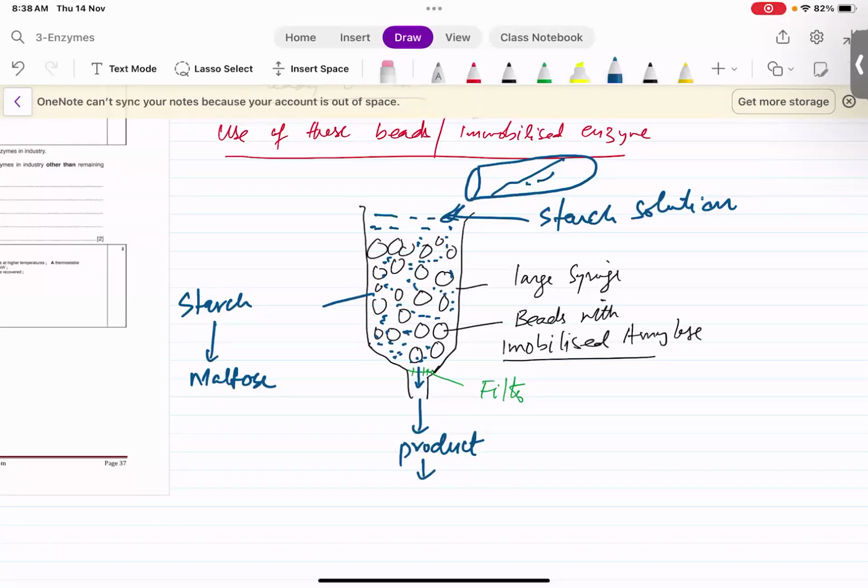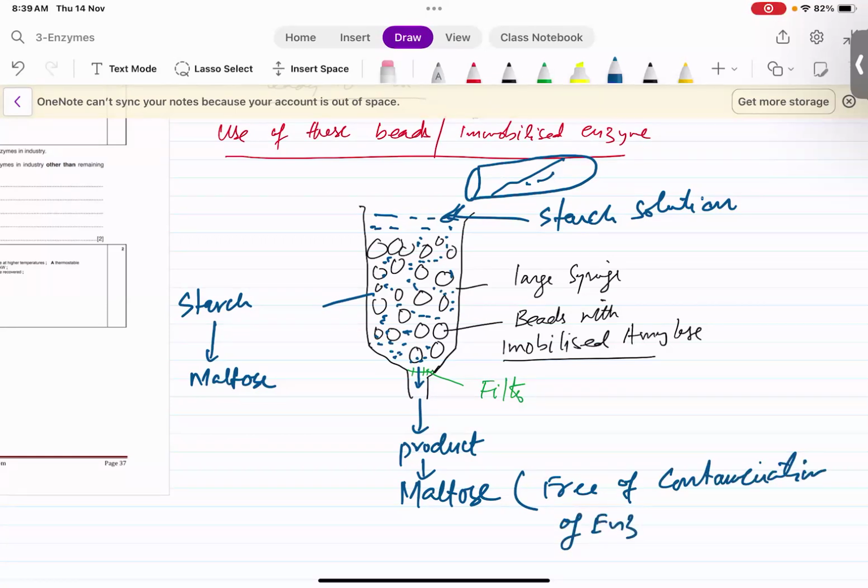So the product collected is maltose, which is free of contamination of enzyme. So the enzyme is easily separated from the product, and you see it can be reused again and again.